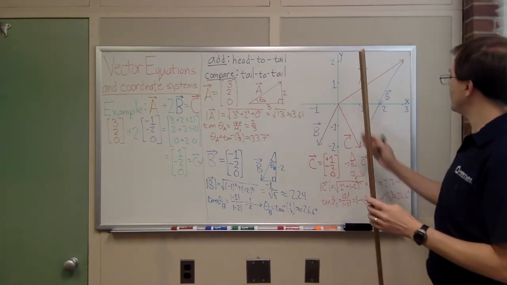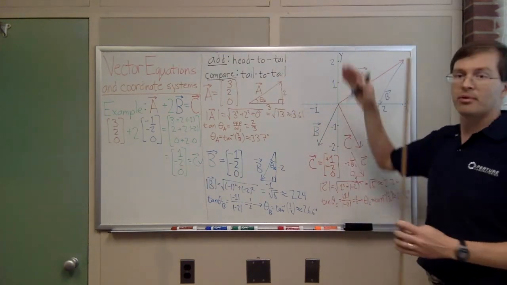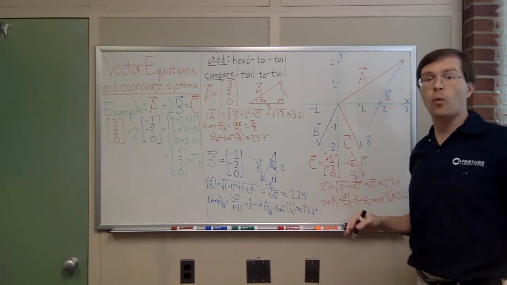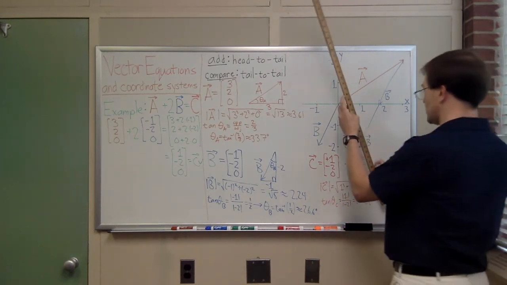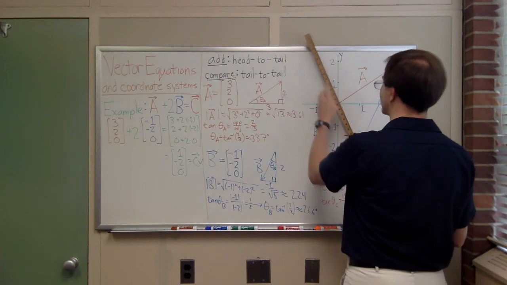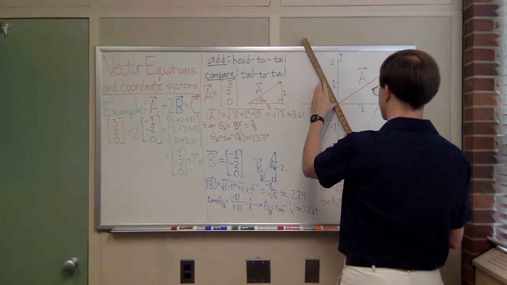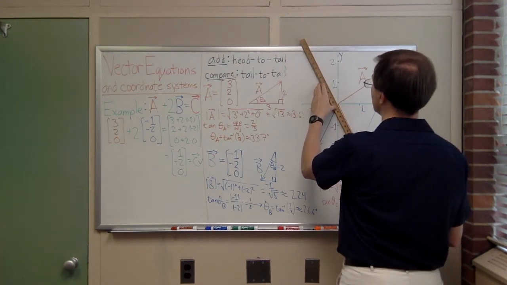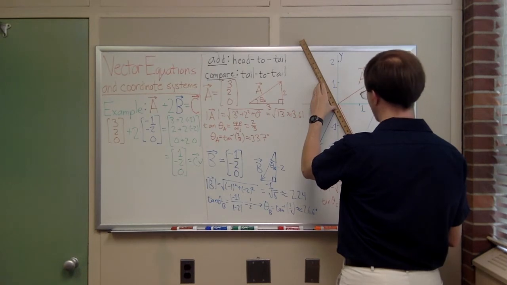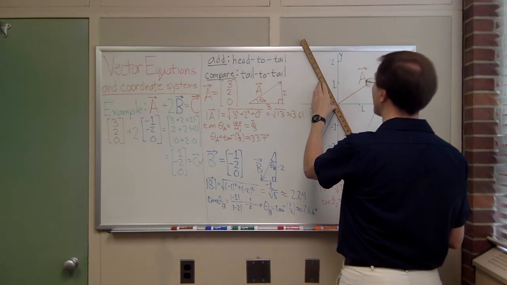So instead of x being to the right and y being up, I have the freedom to choose anything I want. I'm going to choose this thing right here to be my brand new y direction for my coordinates. Here we are, trying to get it kind of straight so it looks reasonable for you.